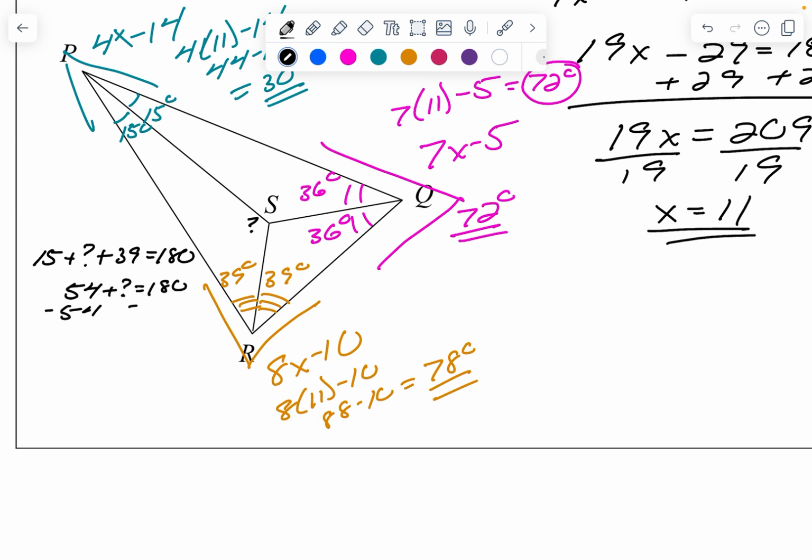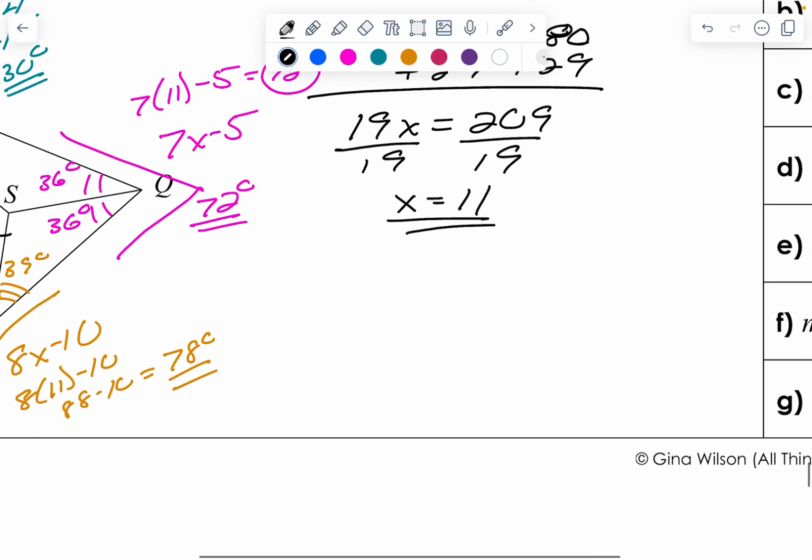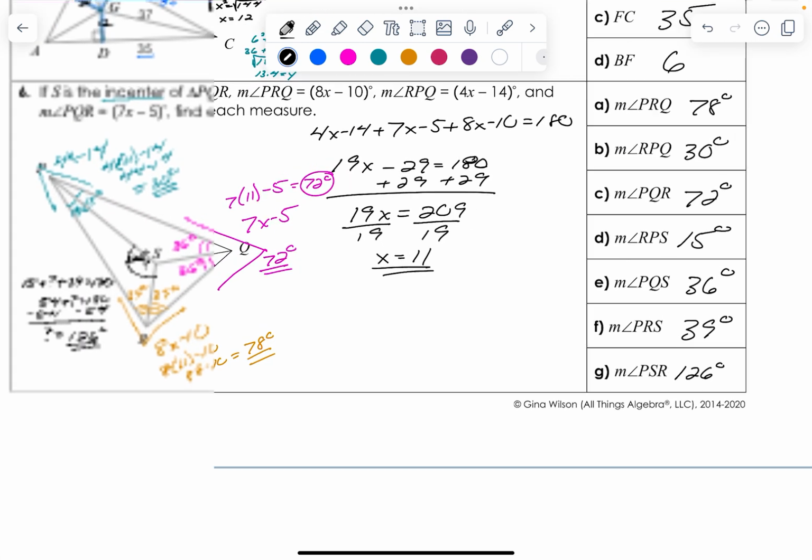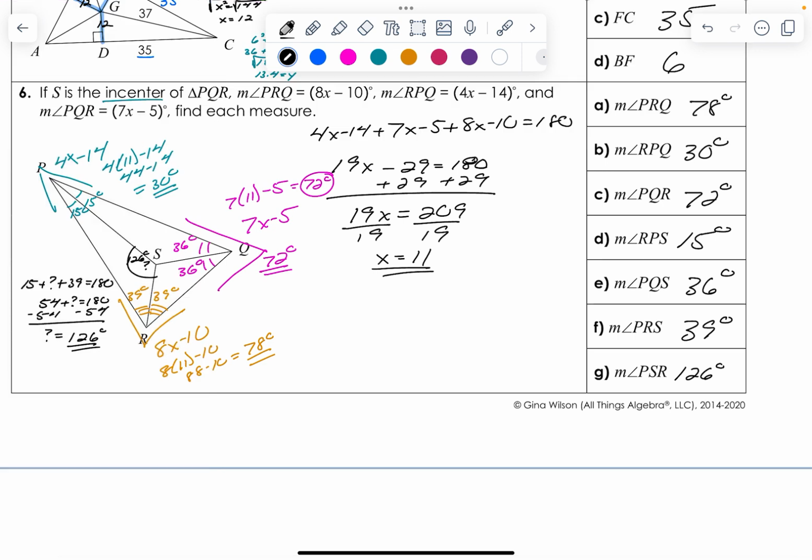Minus 54, minus 54. Question mark equals 126. So that means this is 126 degrees right there. So finally, 126 degrees. Let me zoom out so you can see everything. And there we go.